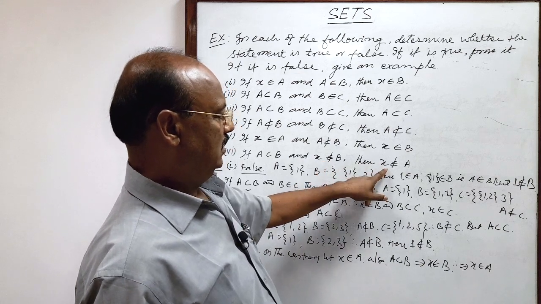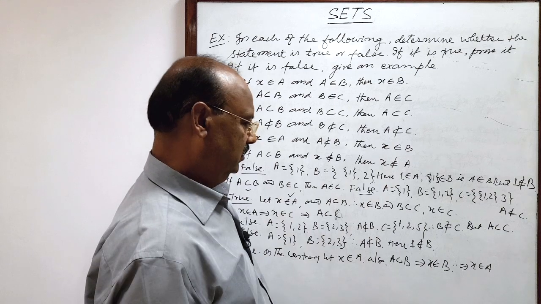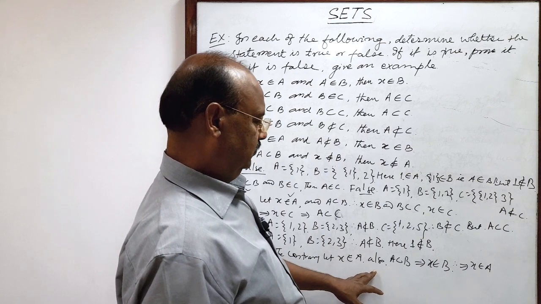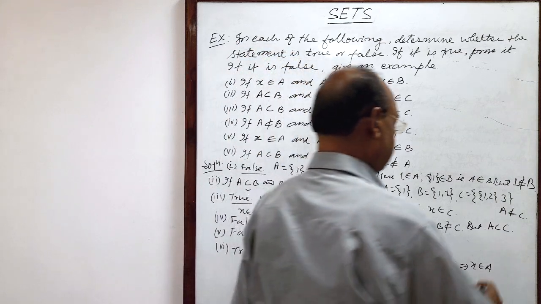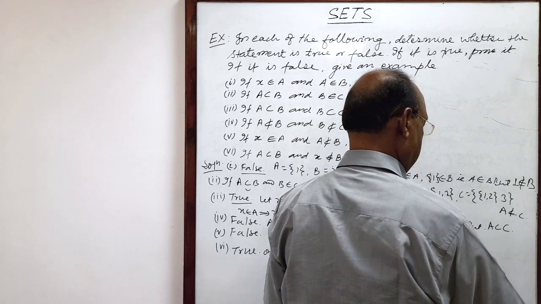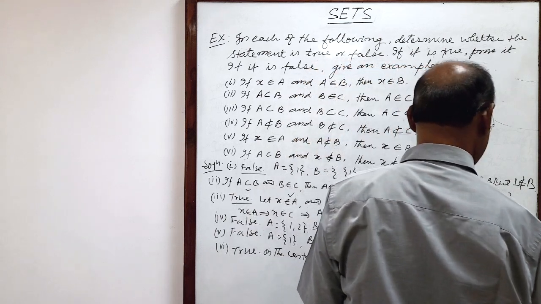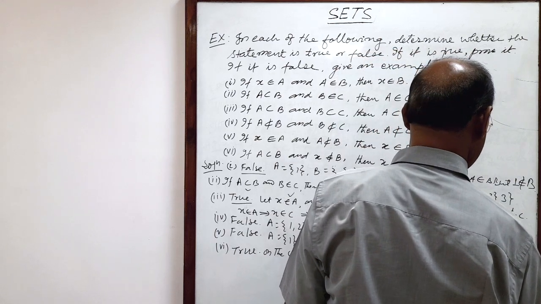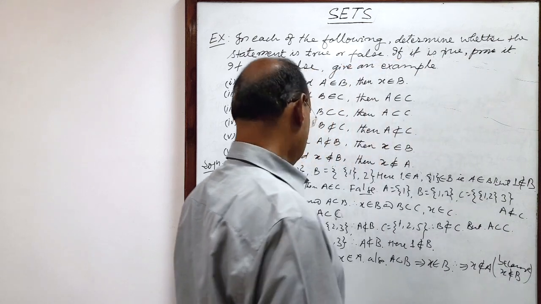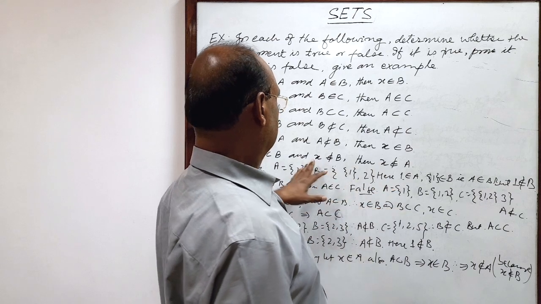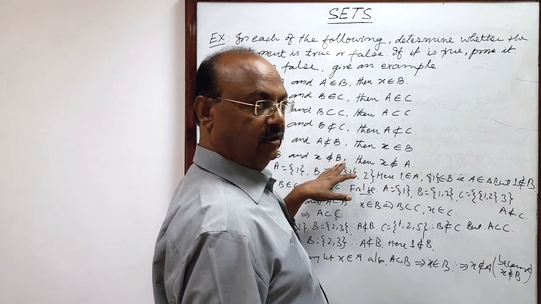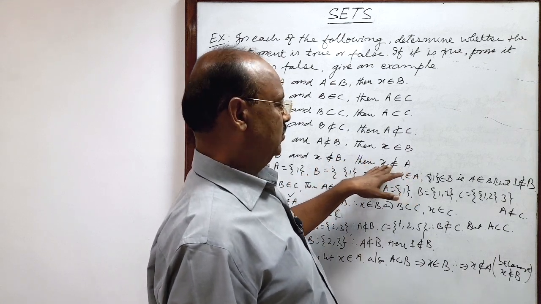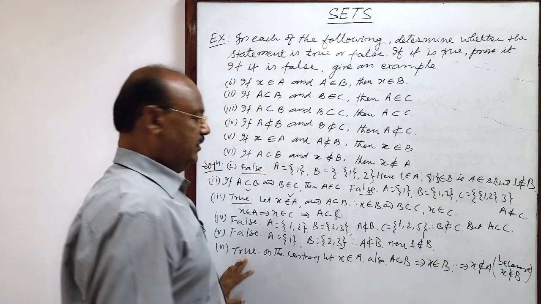So X does not belong to set A. So on the contrary, X belongs to A gives X belongs to B. So it implies that X does not belong to A, because the proposition here is that X does not belong to B. When we suppose that X belongs to A, we get the result that X belongs to B. So if X does not belong to B, we cannot suppose that X belongs to A. So X must not belong to set A. So this statement is true.